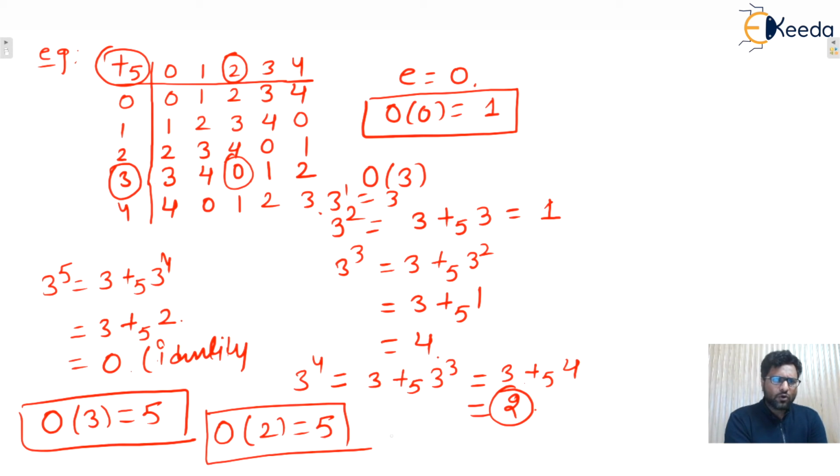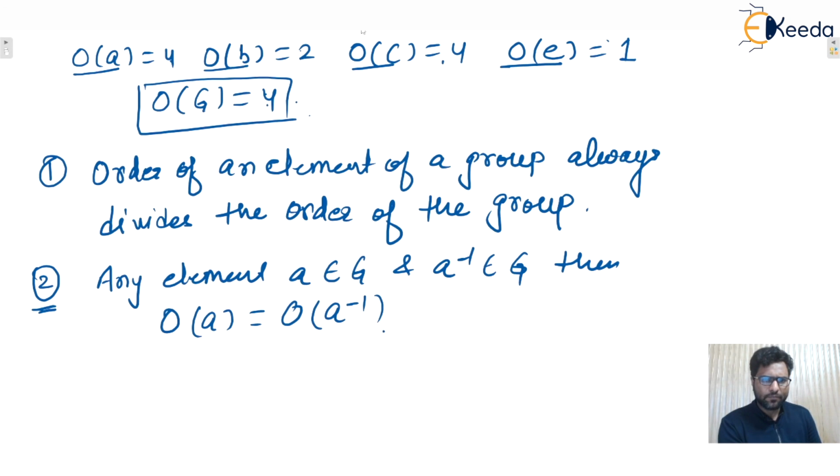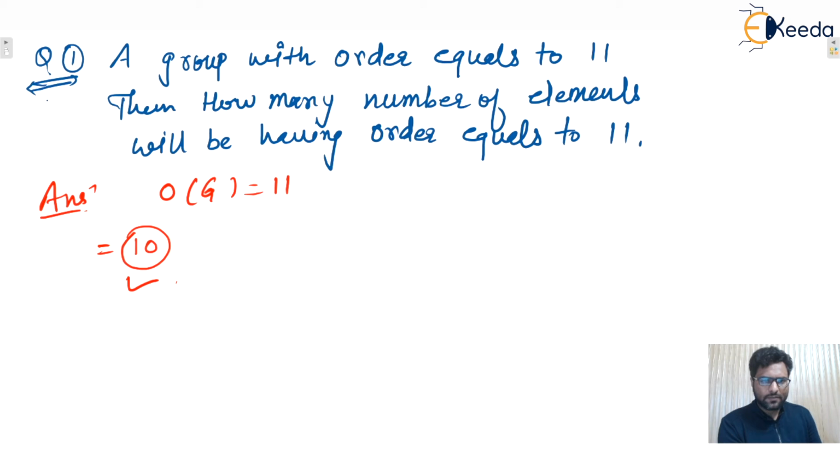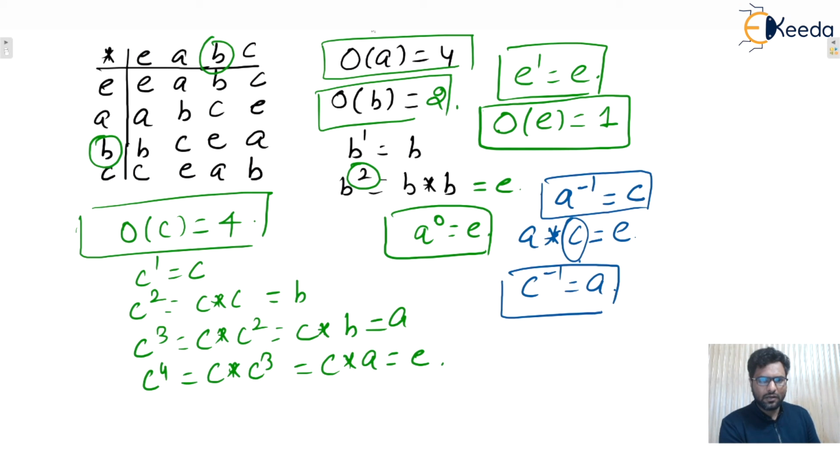Also one more thing is there. Let's have a look at the previous slide. Here you already found the order of each and every element. So the order of A is 4, the order of B is 2, the order of C is 4, the order of the identity element is 1, and the order of the entire group is 4.